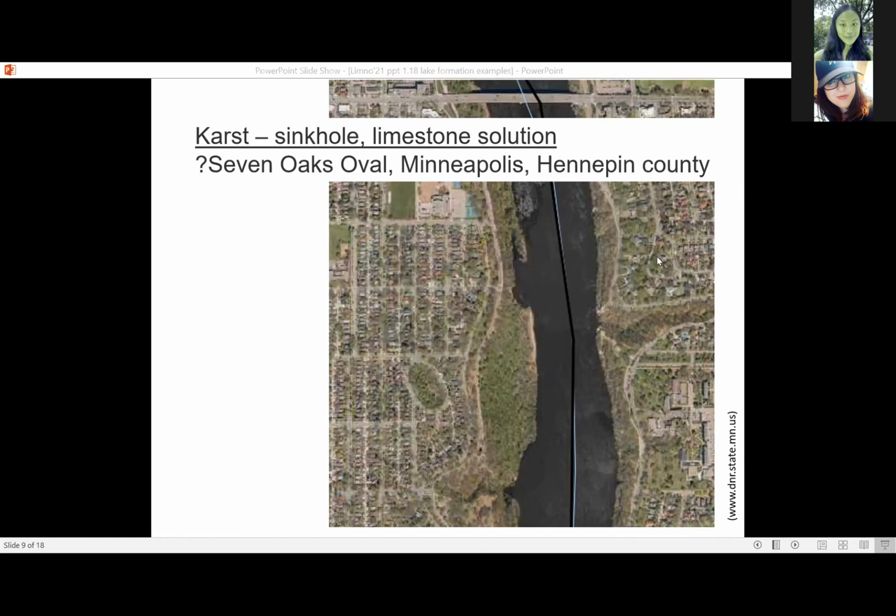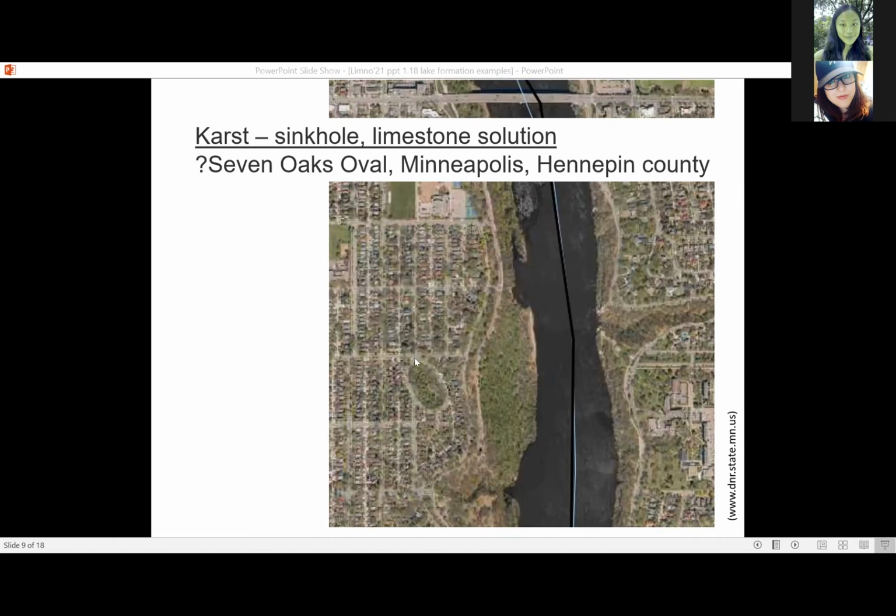Here's the Mississippi River. Here's St. Paul over here, St. Thomas, Hidden Falls, and so on. This oval here is actually a very deep depression in the ground. And this is all underlaid by limestone. This is this limestone, sandstone stuff that makes Minneapolis flat, in short. And then here's the cliff, with the river.